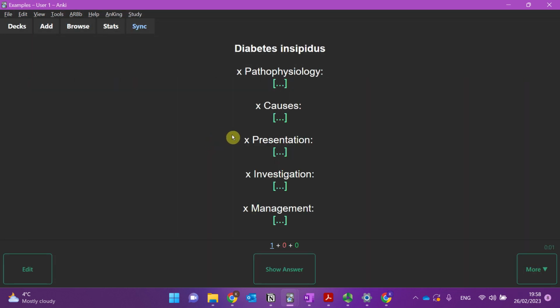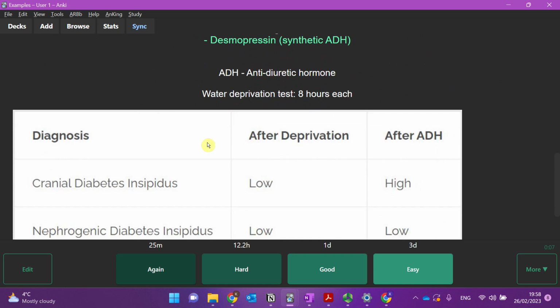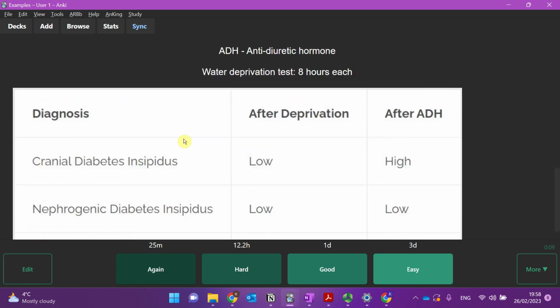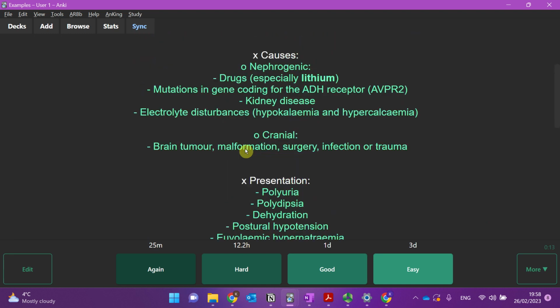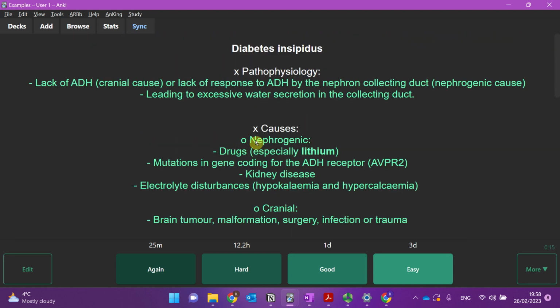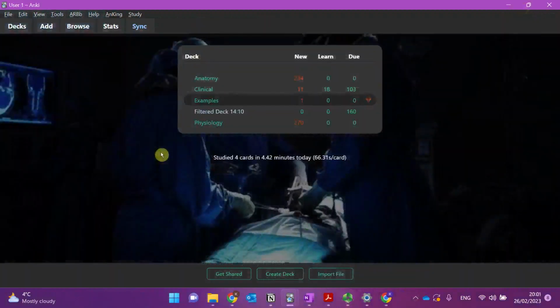So another example is diabetes insipidus, and it's the same thing, same structure. And over here I have a picture about the water deprivation test that I do. Okay, that structure is a guide, so you can play around with it and modify it as you like.